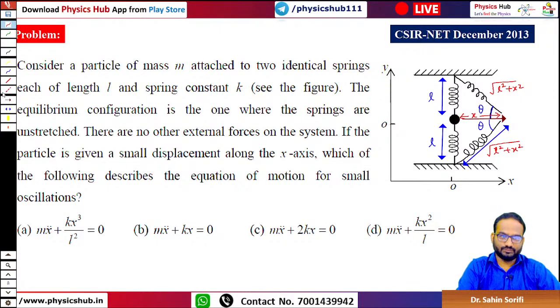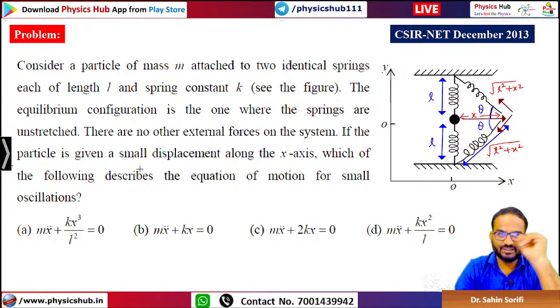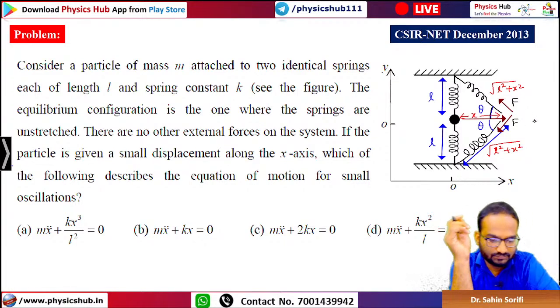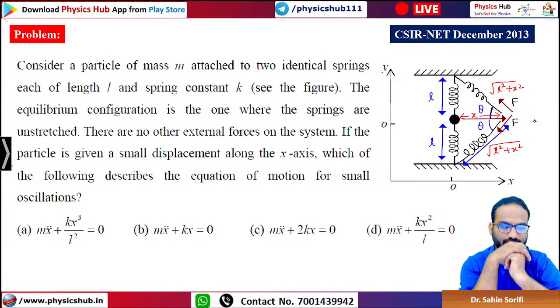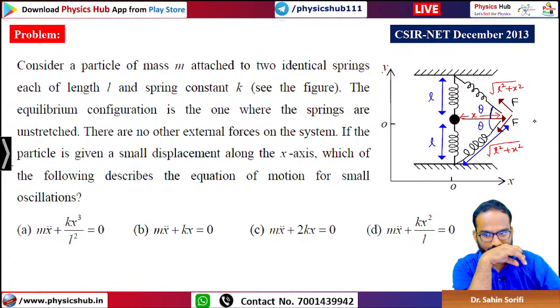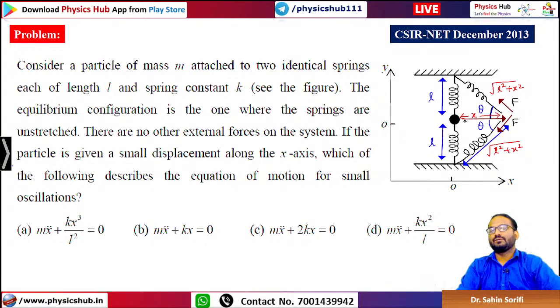And if you see, a force will act along these directions, spring force F. So here one coordinate is involved, x, we can easily find out the kinetic energy of the system.